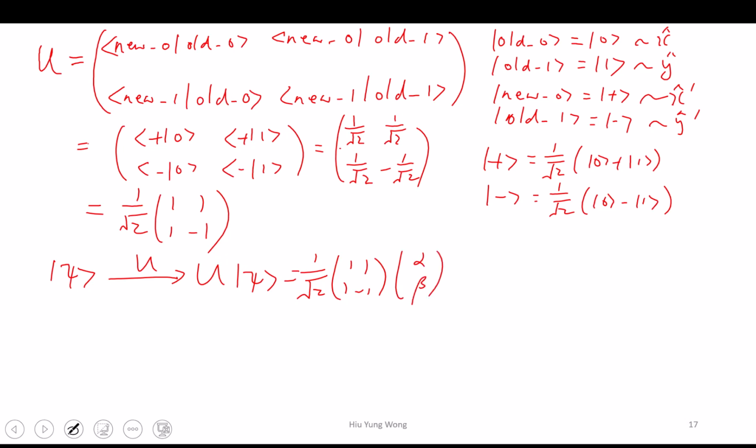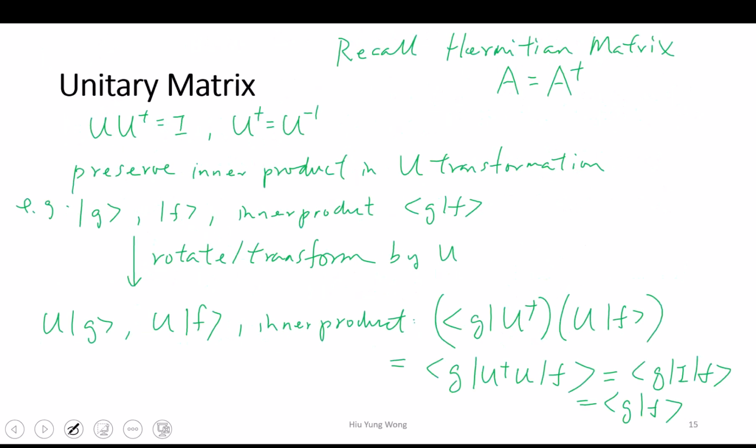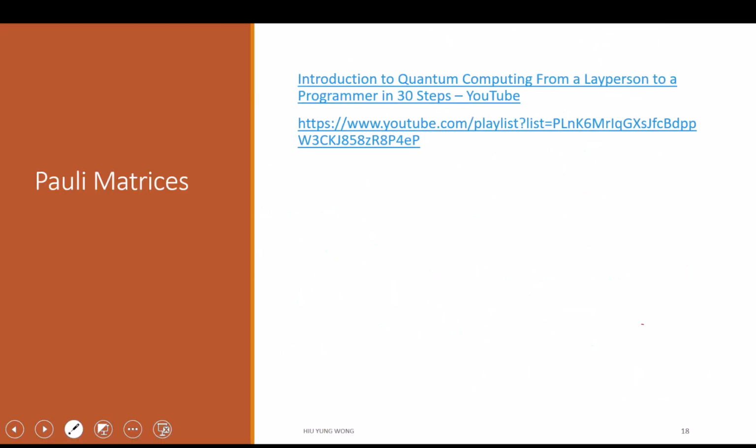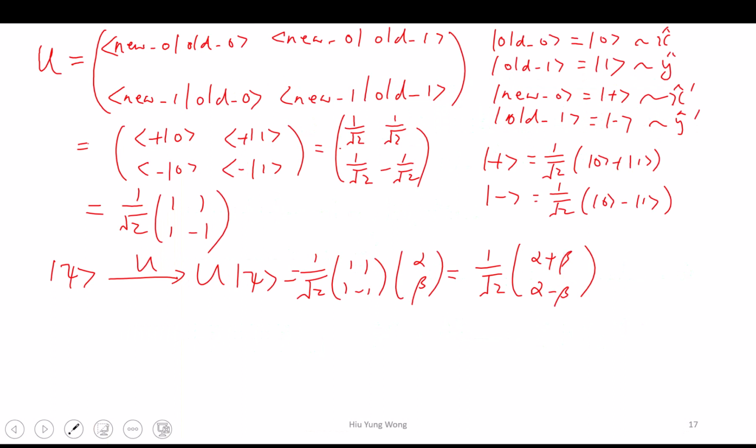This equals 1 over square root 2, alpha plus beta, alpha minus beta. After transformation, I have transformed it successfully, and now I represent it in the plus and minus basis.